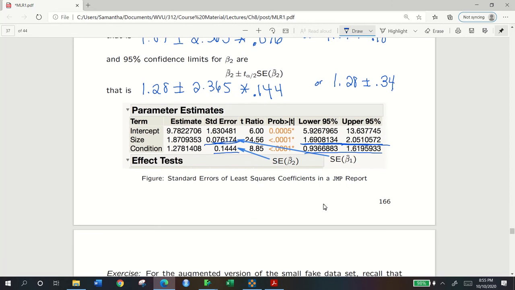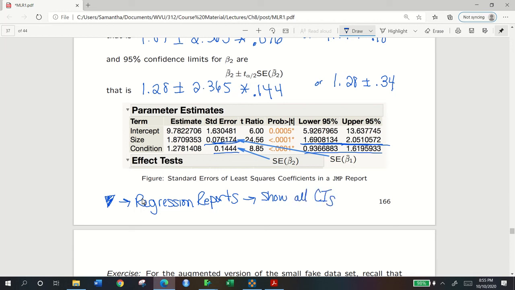You may be wondering, where did this last part of the JMP report come from? Well, one option is that you could look at your JMP handout, but just to let you know, once you get your fit model report, if you select that red triangle and then select regression reports, you will see an option that says show all confidence intervals.